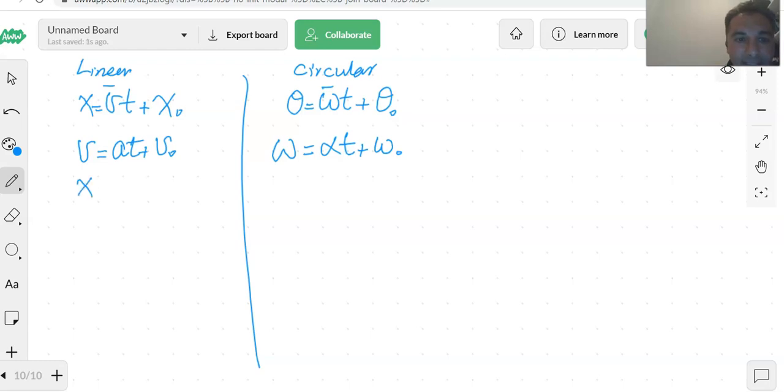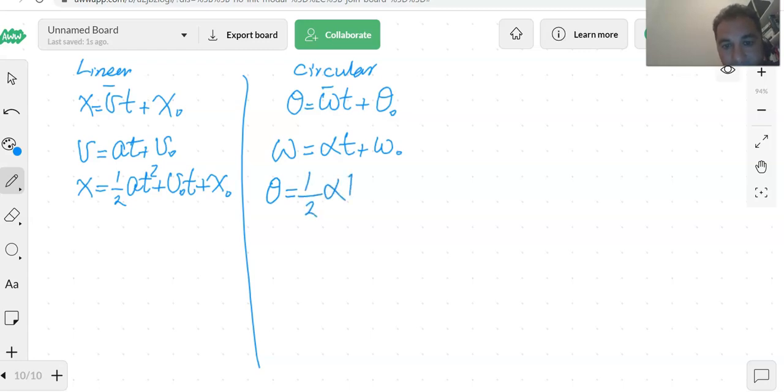As we had x equals half a t squared plus v naught t plus x naught, correct? Here, instead of x we have theta, half is half, instead of a it's alpha, t squared is t squared, v naught is omega naught, t is t, and instead of x naught we are going to have what? Theta naught, which is usually 0.